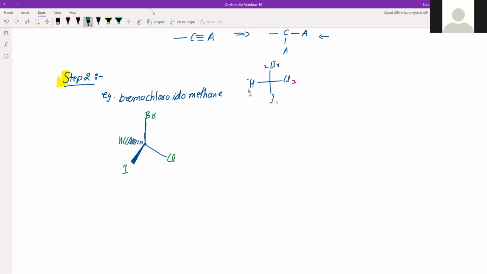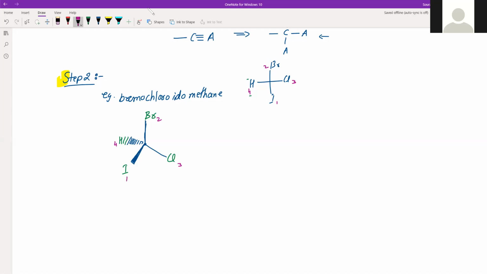So bromine and chlorine are in the plane, iodine is towards you, and hydrogen is at the back of the screen. Because hydrogen is at the back, you are not seeing it. What you see is only iodine, bromine, and chlorine. Iodine has the highest priority, then bromine, then chlorine, and hydrogen is 4, not visible, so leave it.